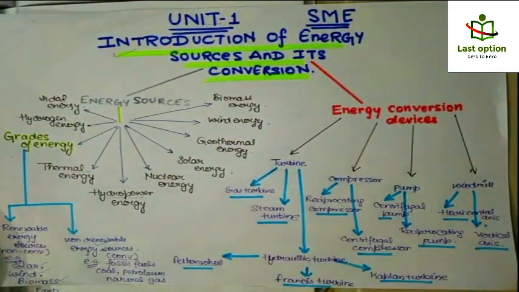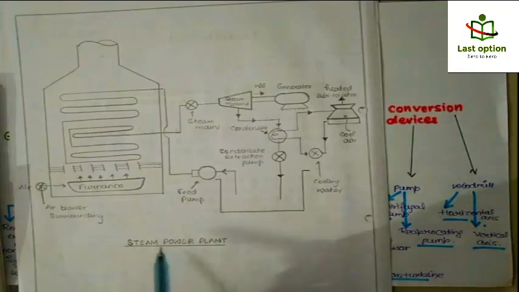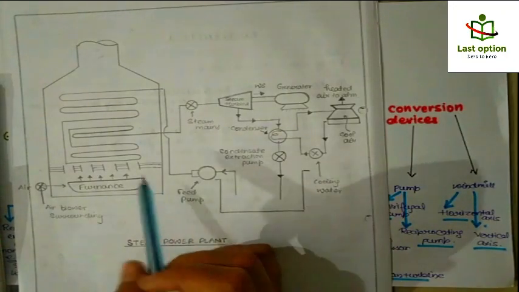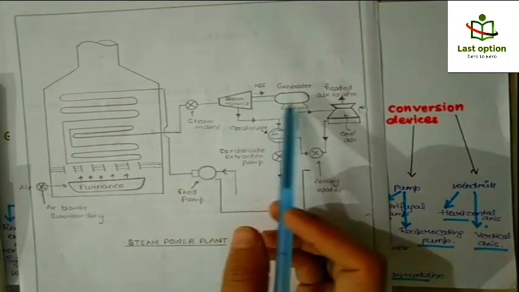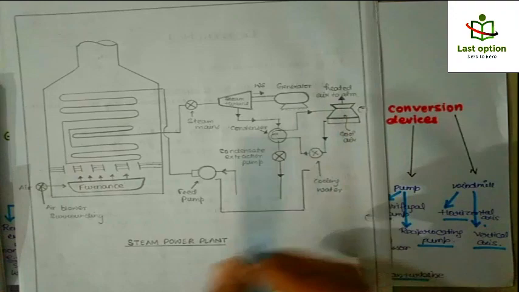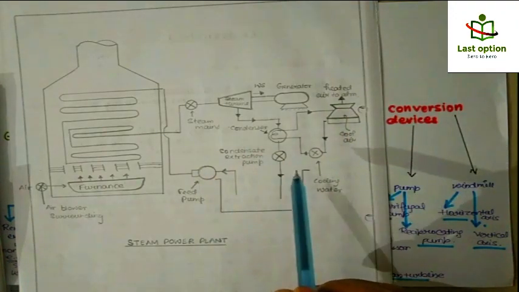Let's cover that. This is the picture of a steam power plant, and you can see here it's a boiler. These are steam, that means steam turbine, generator, and all this. So let's study the process.